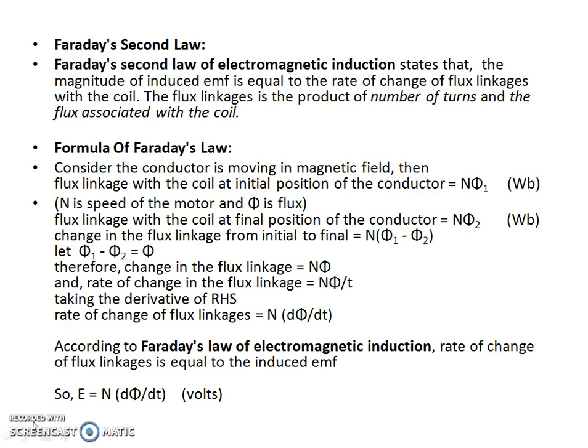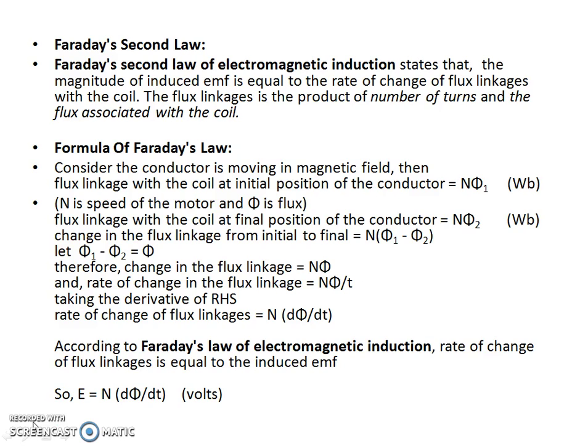Formula of Faraday's law. Consider the conductor is moving in a magnetic field, then flux linkage with the coil at the initial position of the conductor is equal to N into phi 1 Webers, where N is the number of turns and phi is the flux.